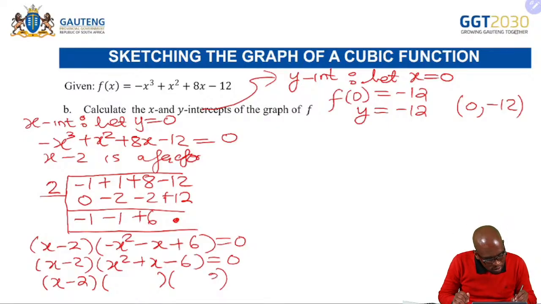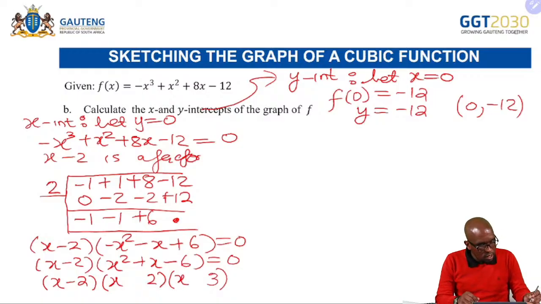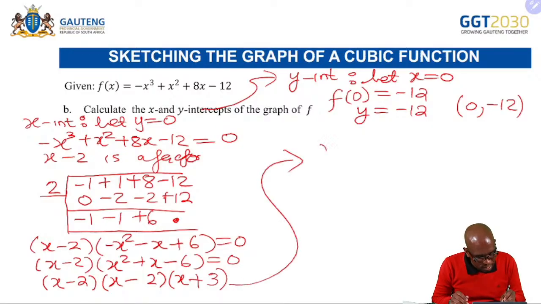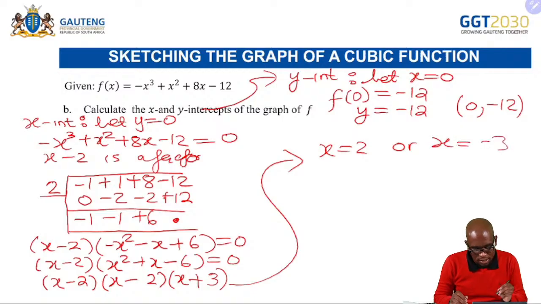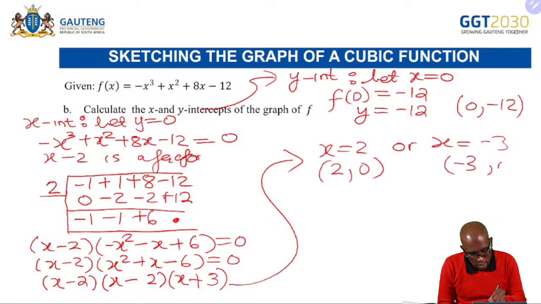We would have 3 and 2. The bigger number should be positive, so 3 is positive, 2 is negative. So from here, we get that x equals 2 or x equals minus 3. So these are our roots, the values of x, the x-intercepts: 2, 0 and minus 3, 0.